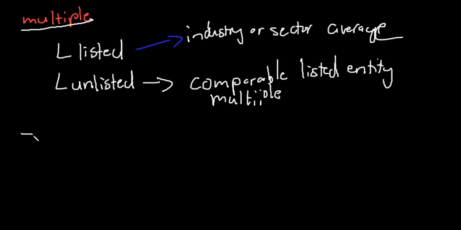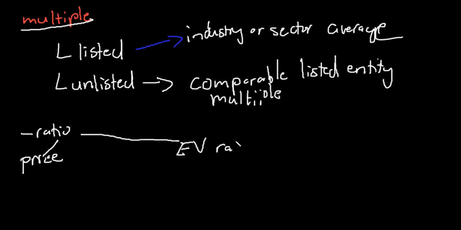Now, at a basic core, a multiple is a ratio, right? The ratio could either be broken down into a price ratio or an enterprise value ratio. So what are the common price ratios that we see that serve as multiples?